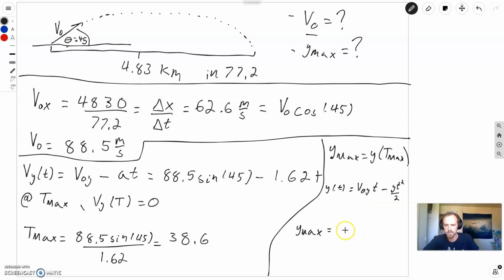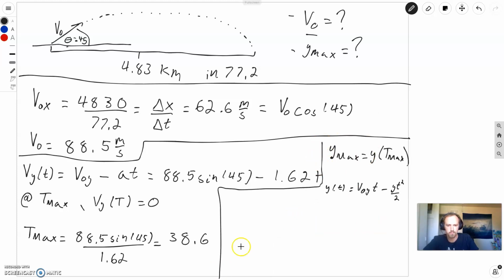So I will get 88.5 times the sine of 45 times 38.6. Here, gonna need some more room. So here's my y of t. So y max equals y evaluated at 38.6, which is my max time.